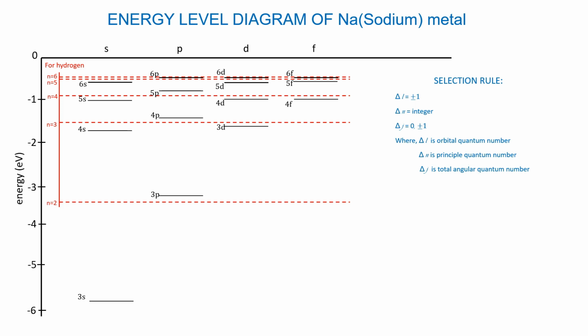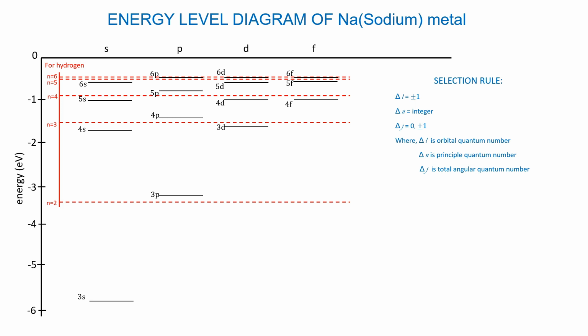There are three criteria in the selection rule which need to be followed for the successive transition of an electron. The first criterion is delta L, the orbital quantum number: the difference between the orbital quantum numbers of two orbitals must be +1 or -1.